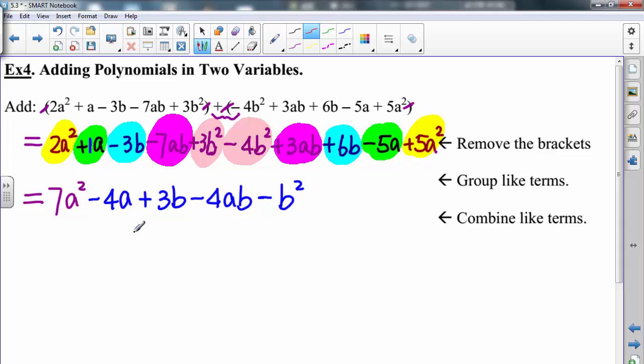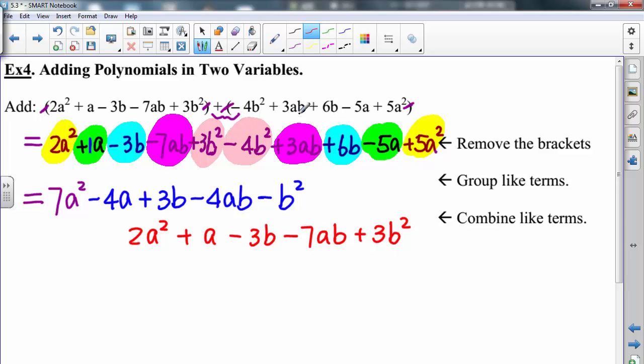If you want to use vertical way, let's copy the first polynomial first. You always can just copy the first polynomial regardless of the order of the terms.